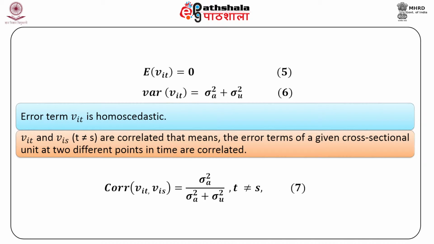However, it can be shown that v_it and v_is are correlated. That means the error term of a given cross-sectional unit at two different points in time are correlated. The correlation coefficient between v_it and v_is is equal to sigma squared a divided by sigma squared a plus sigma squared mu, t not equal to s.